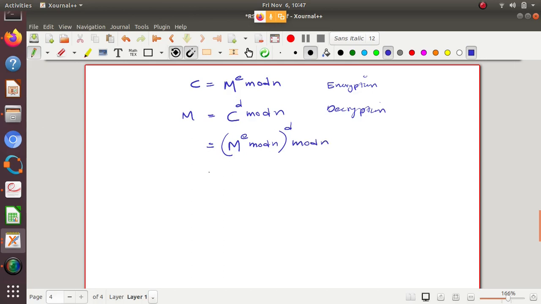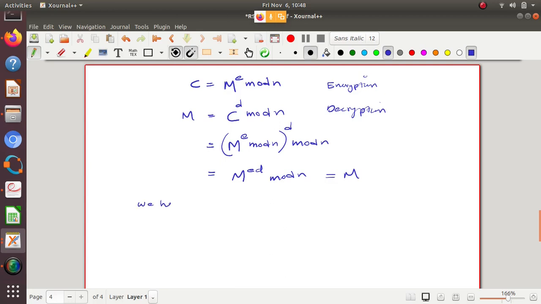Then this will become m to the power ed mod n. So we have to prove that this is equal to m. That is what we need: m to the power ed is equal to m.